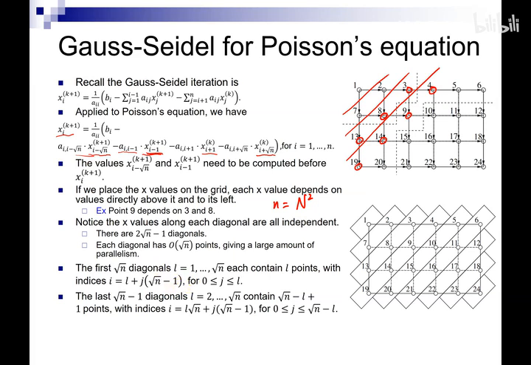These are the indices for the first root n diagonals. For the second phase, when the diagonals are getting smaller, these are the indices for the points on those diagonals.